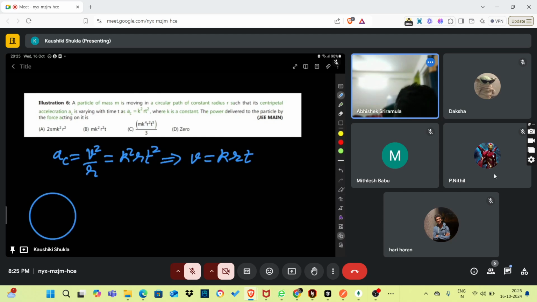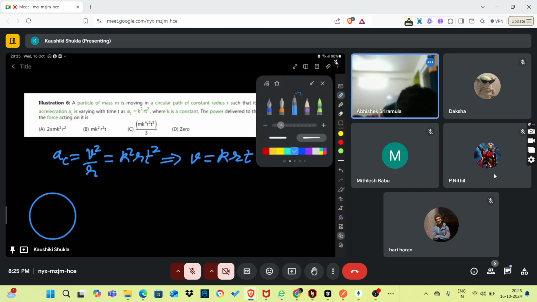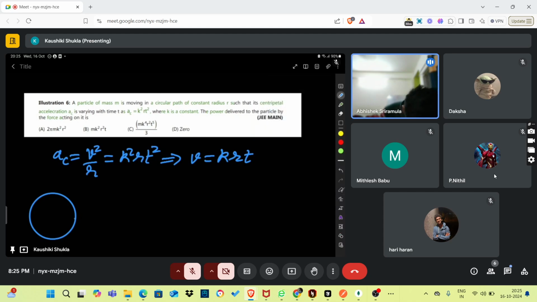If you see it here, this is the centripetal acceleration. This is the tangential acceleration. The velocity is varying with time, right? So this is the tangential velocity that is varying.